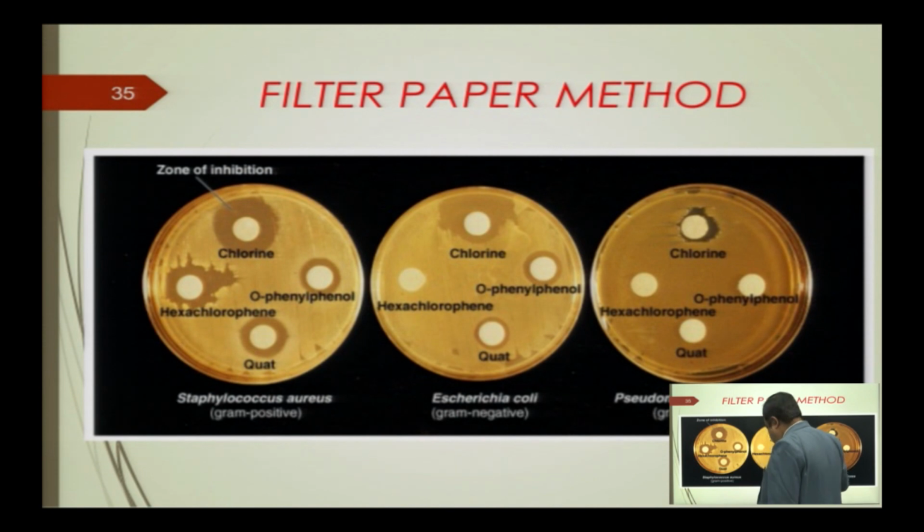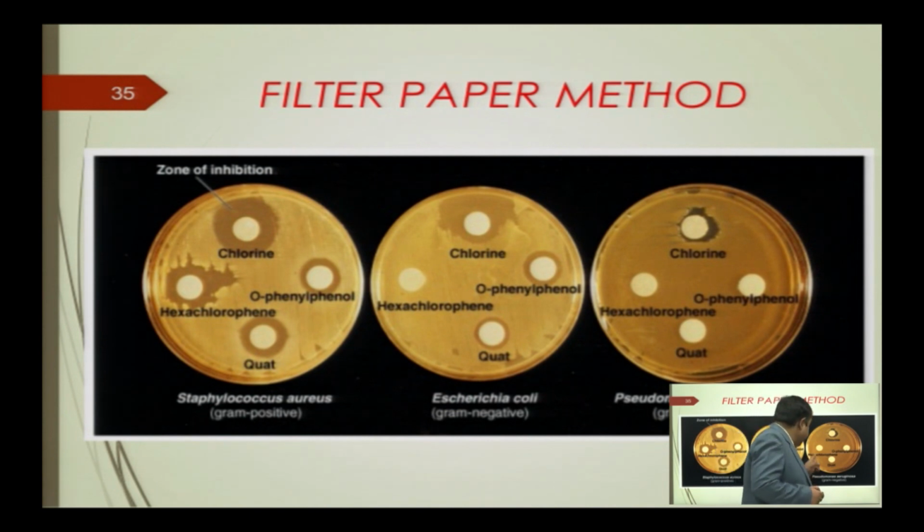And the third petri dish, which is here, shows that no zone of inhibition has been formed against hexachlorophene, O-phenyl phenol, as well as squat. Why? Because this plate was flooded with another microorganism, which we call Pseudomonas aeruginosa.